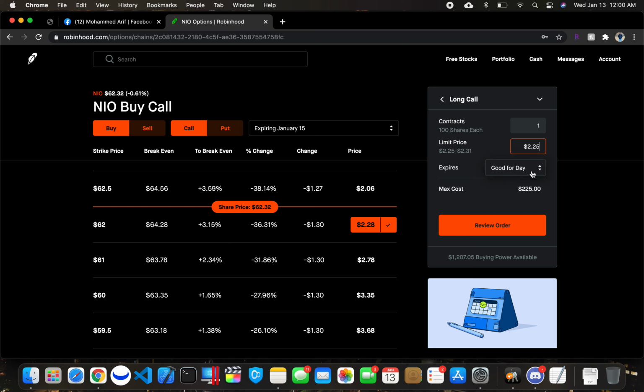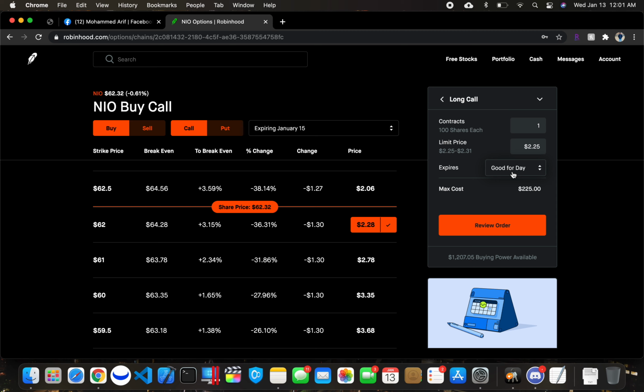And good for day. This means that the market opens at 9:30 and closes at 4 o'clock. Throughout that time, you will have this contract still going. So if within that time someone is selling at 225, your contract will be purchased for $225.